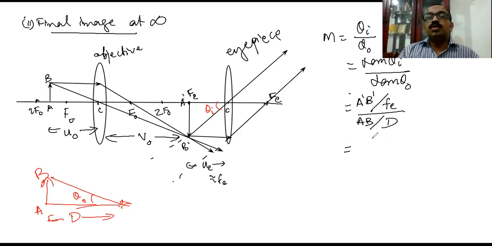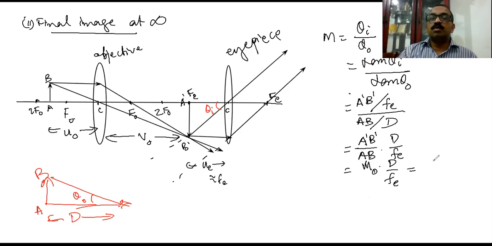Now you know that we can rewrite this as A dash B dash by AB into D by FE. But A dash B dash by AB is nothing but the magnification of the objective lens. So we'll replace this with magnification produced by objective lens into D by FE.